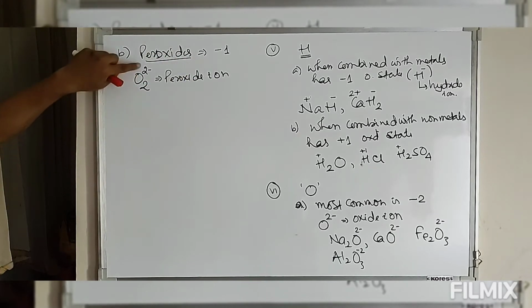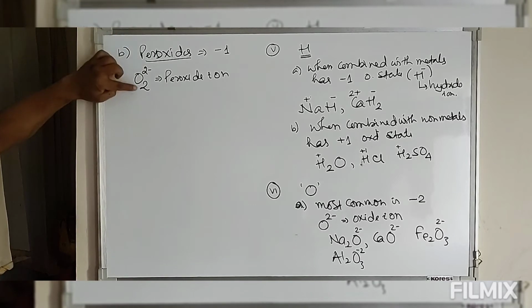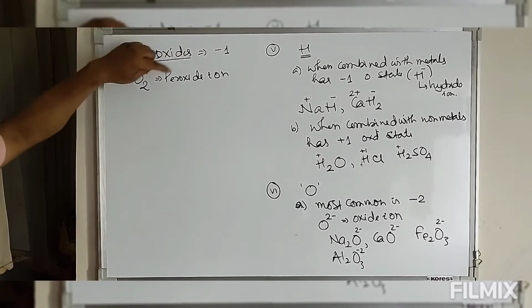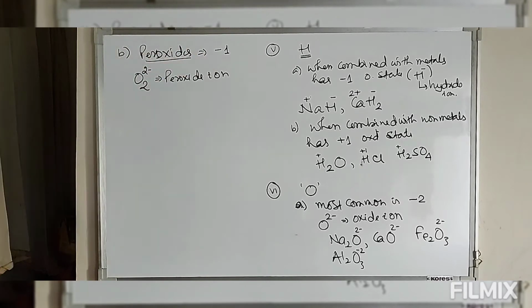For these 2 oxygen, the total charge is -2. So per oxygen, the oxidation state is -1. Don't forget, this is the total charge of 2 oxygen, so per oxygen the charge will be -1. So peroxide ion is O2 2-, and the oxidation state of peroxide oxygen is -1.